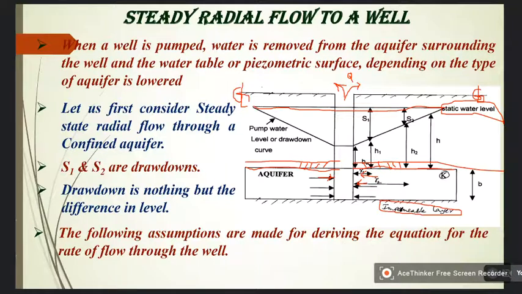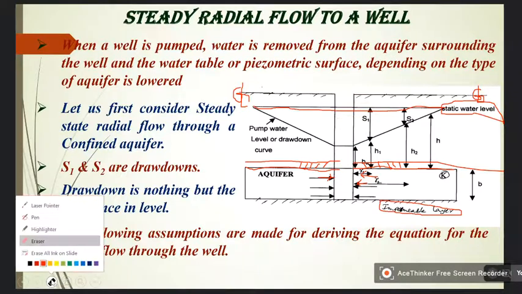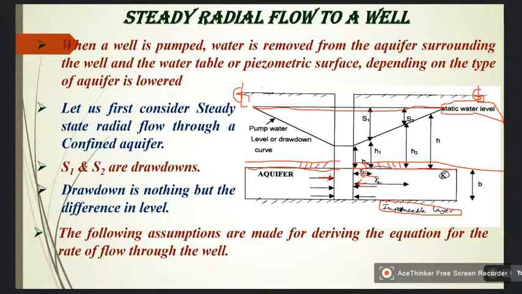Now suppose you are not pumping water. So what will happen when there is no pumping, but your well is driven? When there is no pumping and the well is driven, the water level in the well will be at this level.